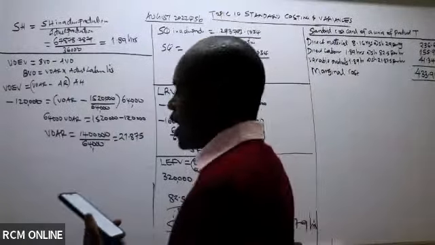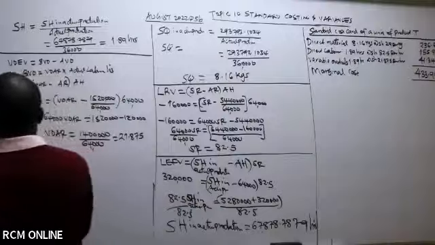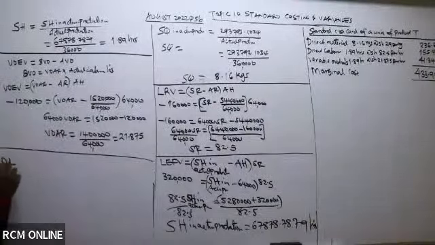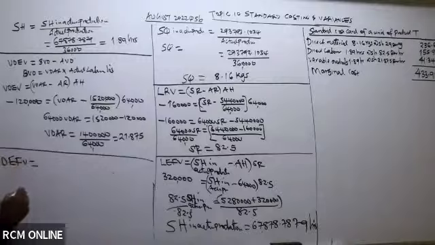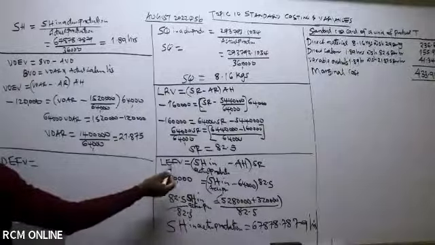Somebody is now wondering, why have we not used variable overhead efficiency variance? Variable overhead efficiency variance is equal to, look at labor efficiency variance.